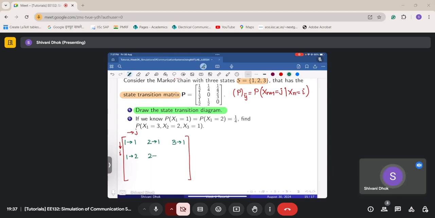The second entry will be you are at state 2 and you go to state 2. Then third entry will give me you are at state 3 and you go to state 2. Similarly, in the last row, you are at state 1 and you go to state 3. Am I making some mistake? I think so. Wait a minute.